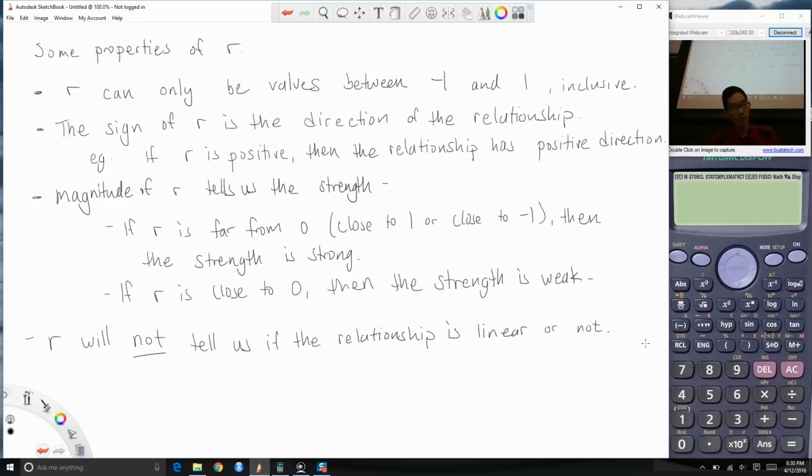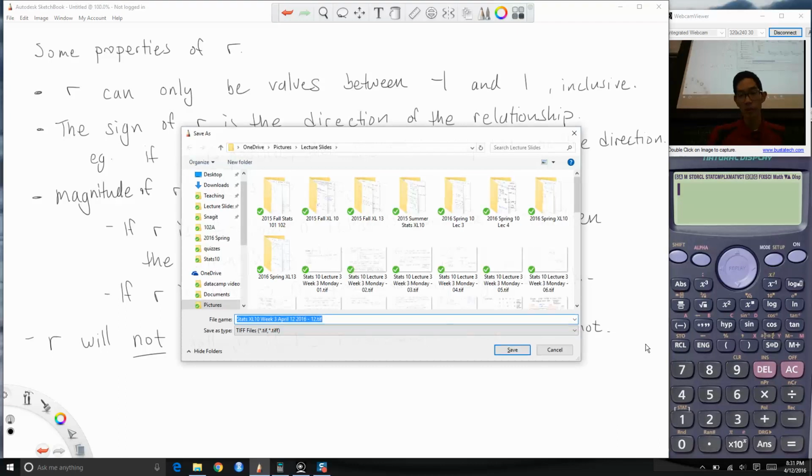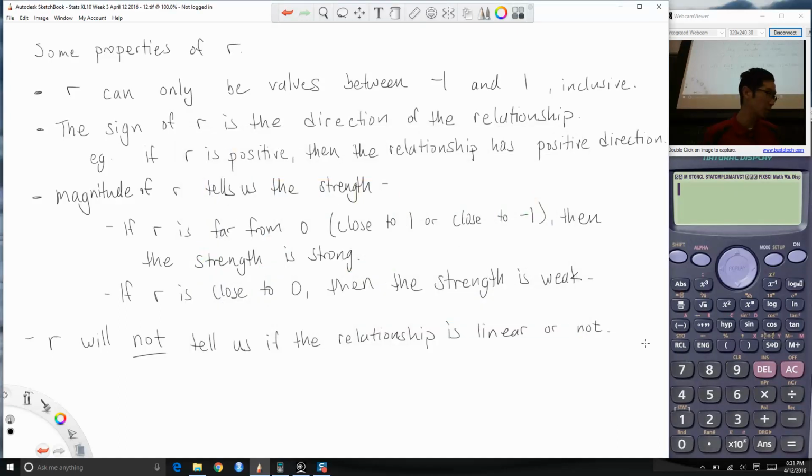For any other value of R, you can't tell if it's linear or not, even if R is 0.99. Even if R is 0.99, you can still have a nonlinear relationship. So R won't tell you if it's linear or not, unless it's equal to 1 or -1.